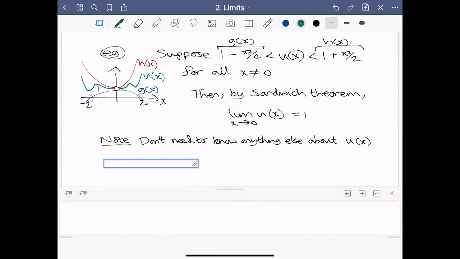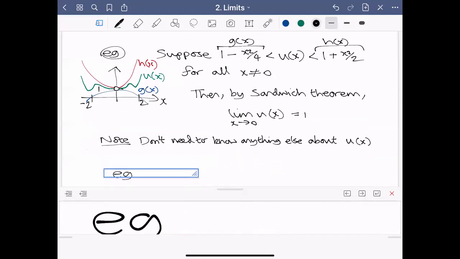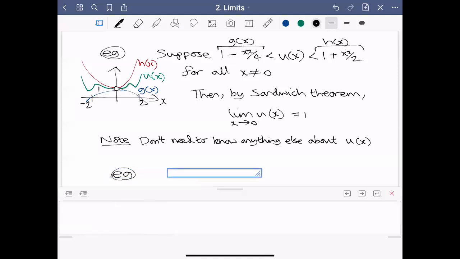Okay, so another example. And with these, it always helps to make a graph.